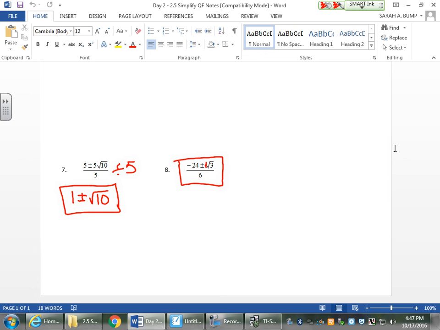But what I see happening every year, no matter how many times I warn you, is -24 divided by 6. Students will write -4, and then plus or minus radical 3. They'll only end up dividing part of it by 6, not both. Okay, this is wrong. So 6 has to go into both terms to be able to do the division. So that was as far as that example goes. You can't do anything else with it.